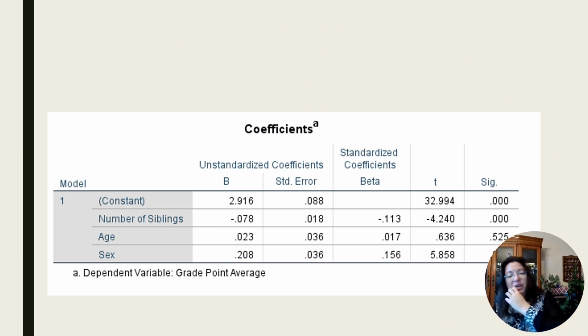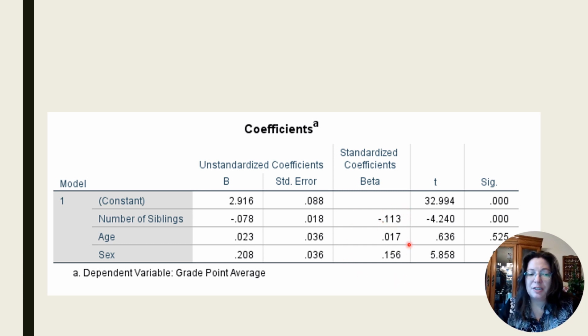The next table that we get gives us our actual coefficients. First, you'll see within each row the different variables, and then each one first has its unstandardized coefficient, followed by the standardized regression coefficient, or beta.